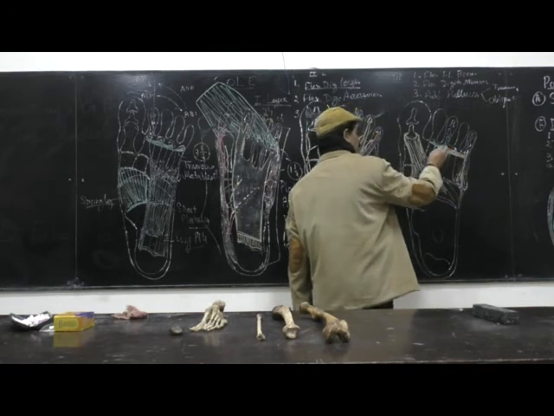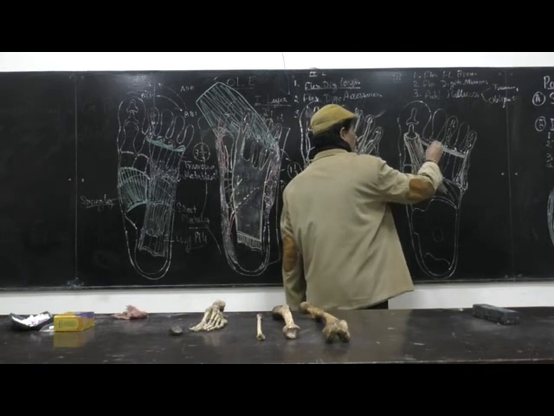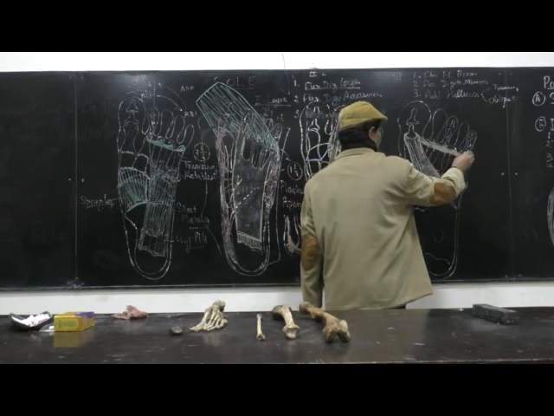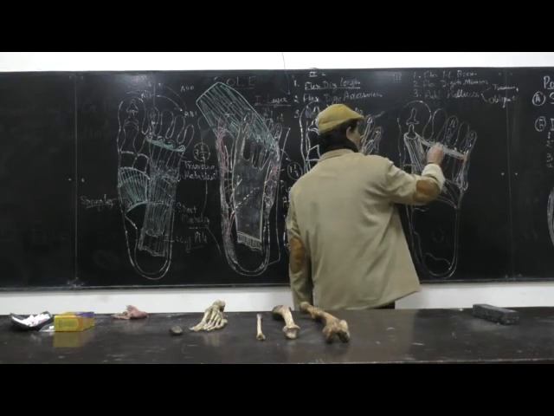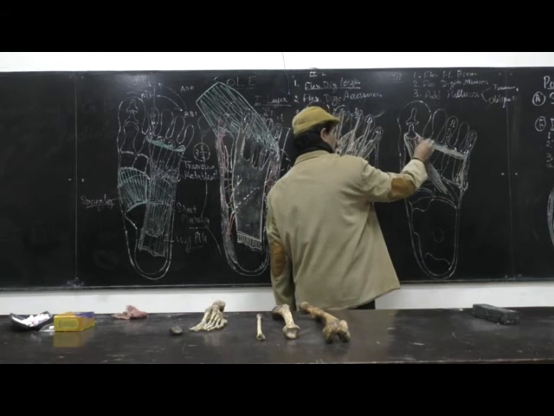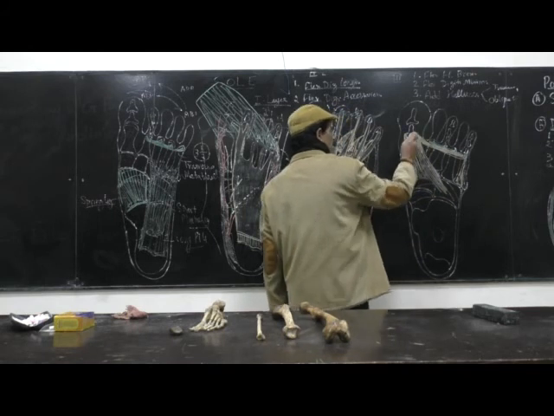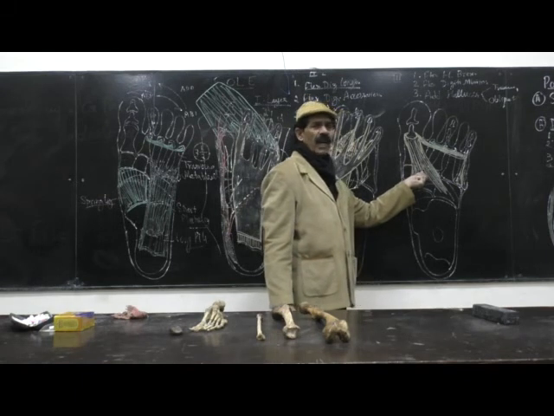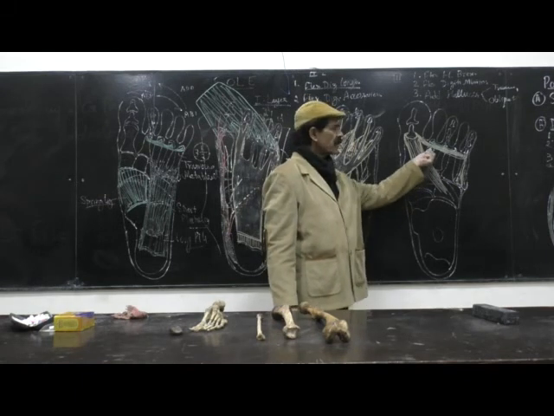And from here, this transverse head will go to the lateral aspect of the proximal phalanx of the great toe, and this slip will fuse with the lateral slip of the Flexor Hallucis brevis muscle. This is the transverse head.